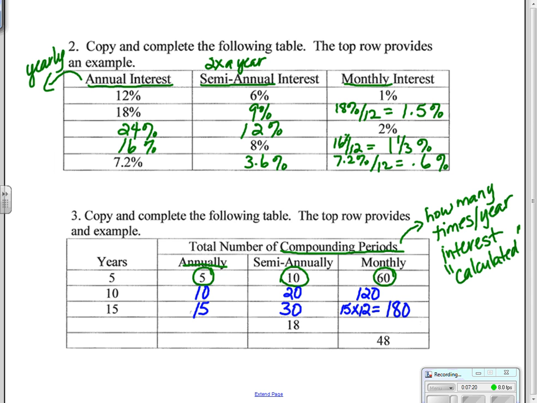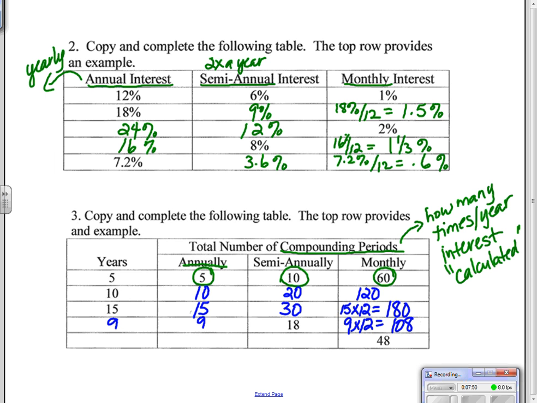If we knew that the interest was calculated 18 times and it was semi-annual compounding periods, that means that annually would be 9, which means that we have 9 years of investment. If that is monthly calculation, it would be 9 years times the 12 months, which is 108.